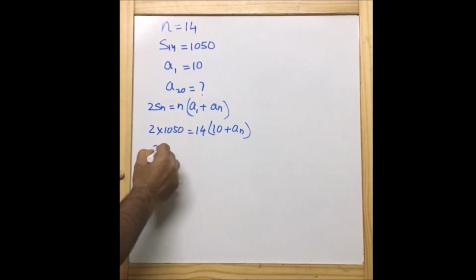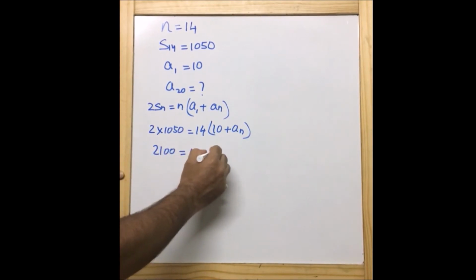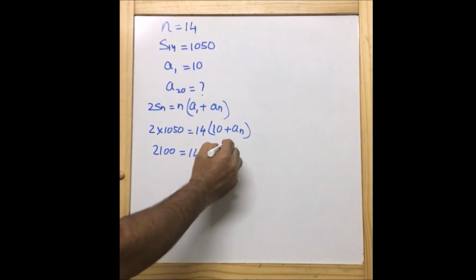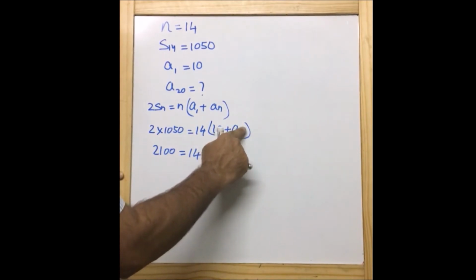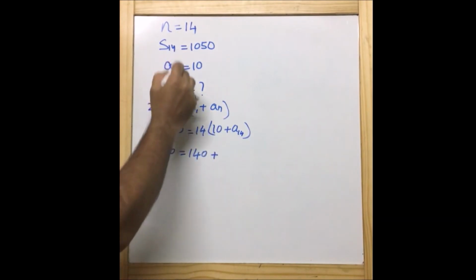or I can write 2100 is equal to 140 plus An, and this An is nothing but A14, because here everything is for 14.